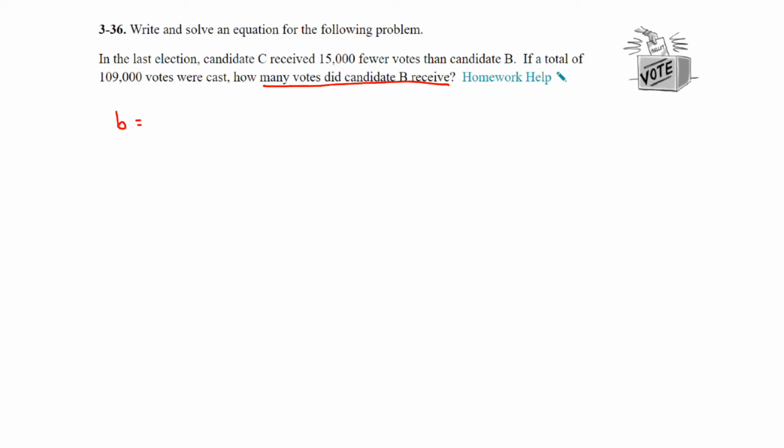And I'll pick B. So B is equal to the number of votes for candidate B. All right. So how are we going to set up this equation? Well, since we know that B is the number of votes for candidate B, what is candidate C?